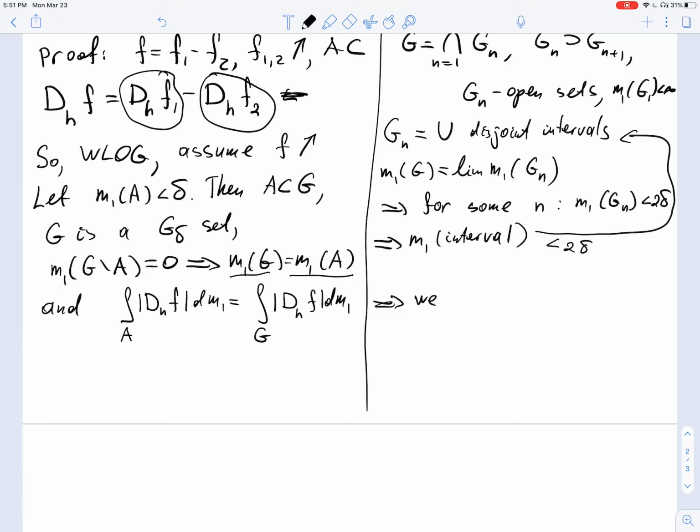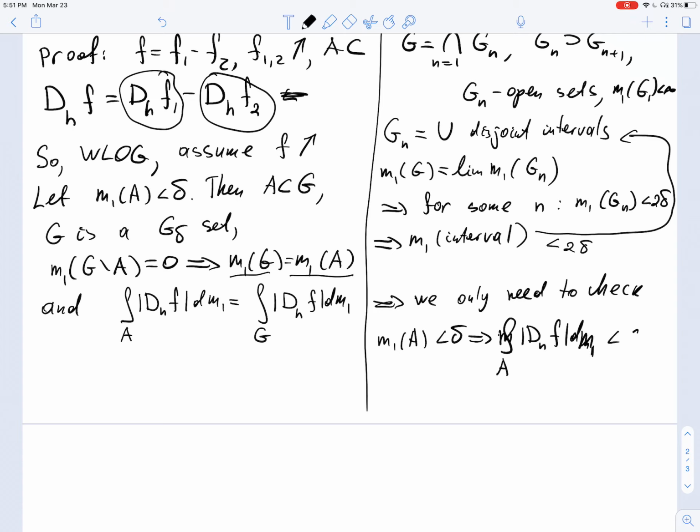It implies that we only need to check that the integral over A of dh f dm1 is less than epsilon for a disjoint union of intervals.